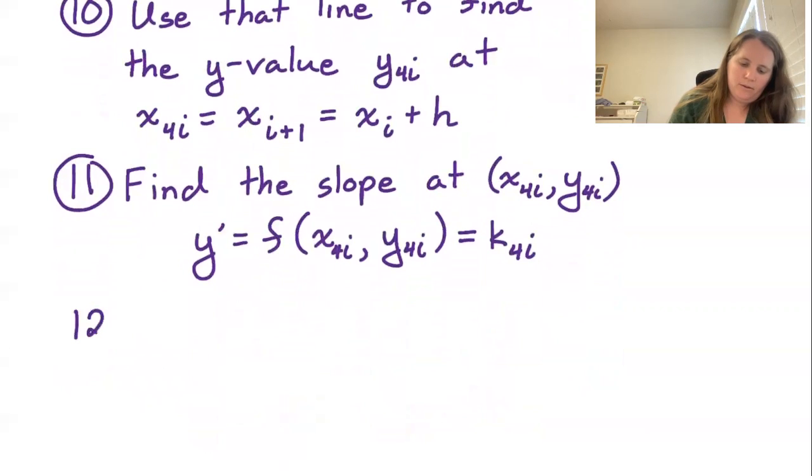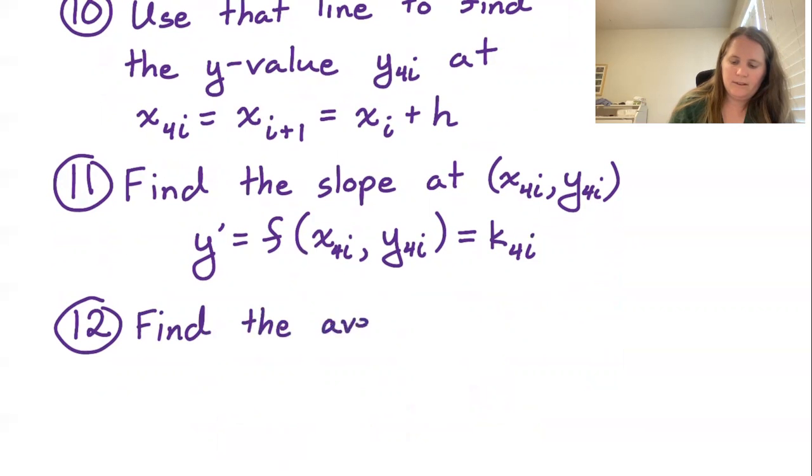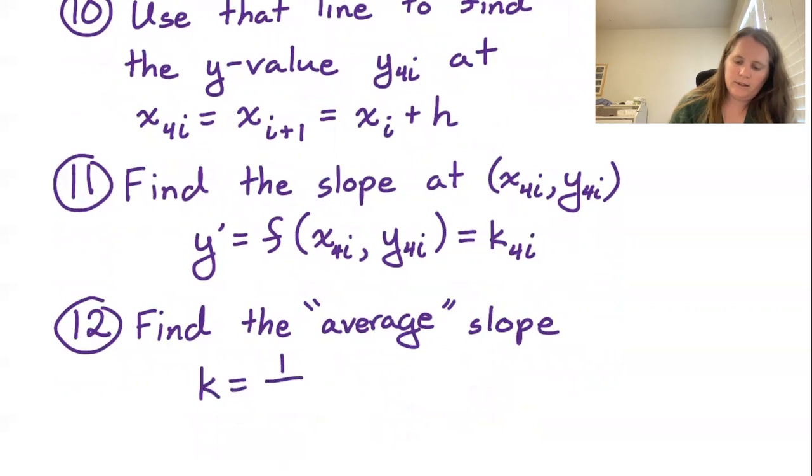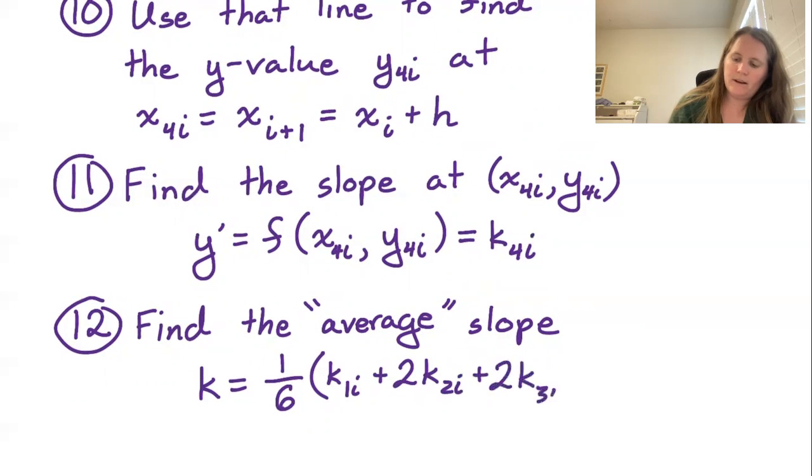And now we will find the sort of average slope. I'm just going to call it average in quotes slope, which will be k equal to 1/6 times k1i plus 2 copies of k2i plus 2 copies of k3i plus k4i.